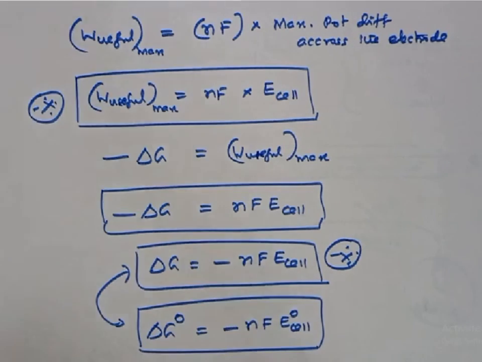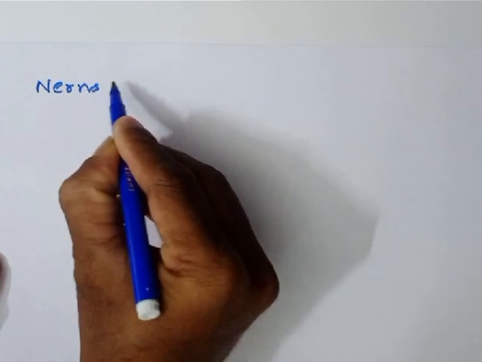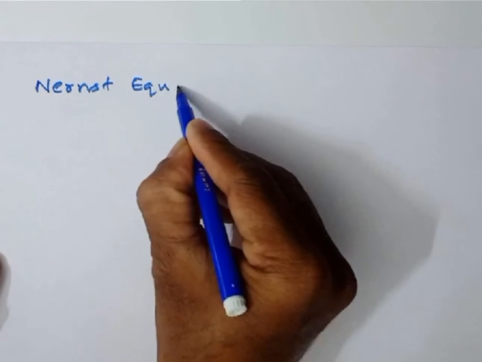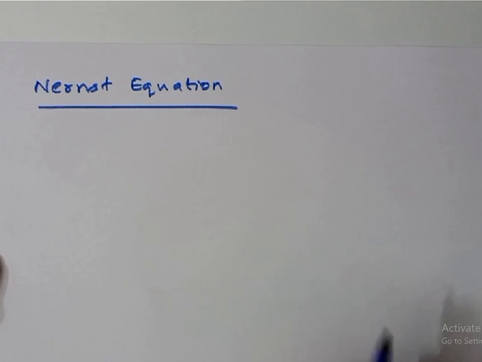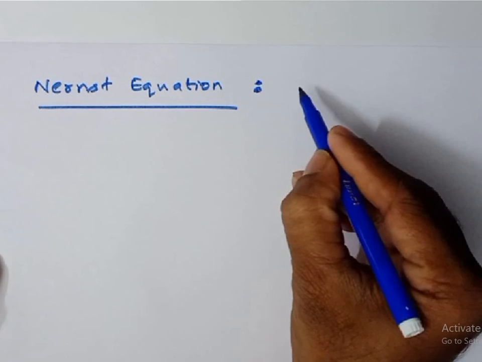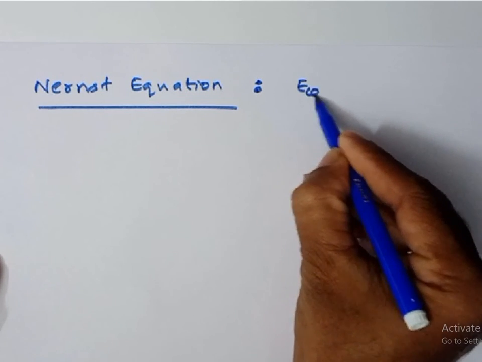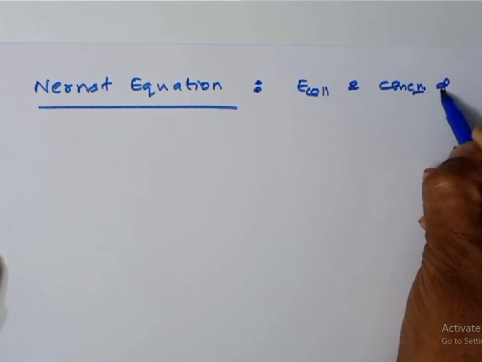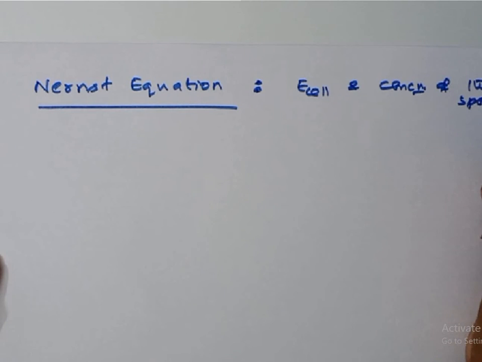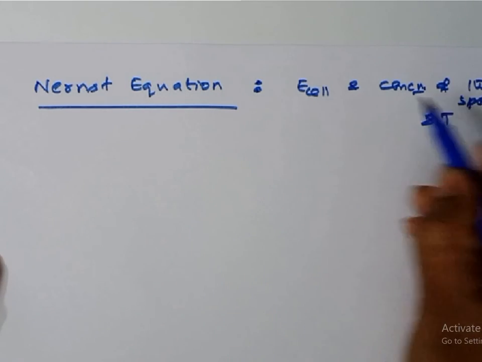Now let me discuss the Nernst equation. Nernst equation, or I can say the other way, the relation between cell potential and the concentrations of the species and temperature.